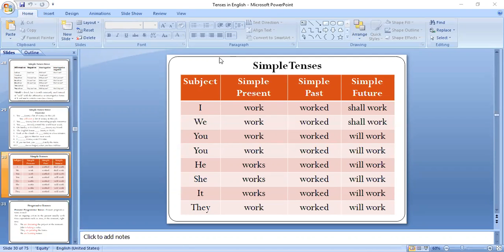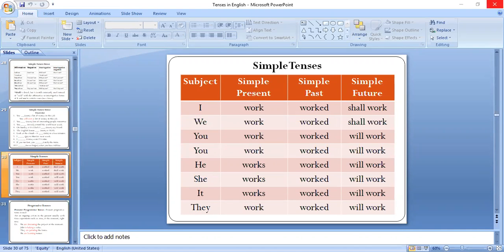For these three we are adding s or es as a suffix to the verb. So he works, she works, it works. This is the simple present tense we use for he, she, it.